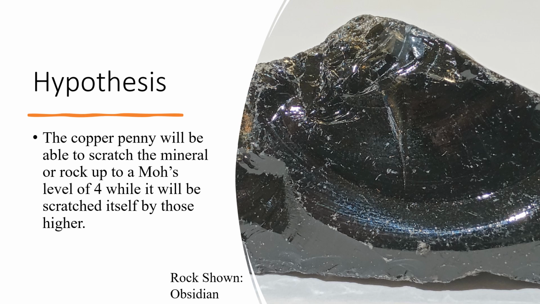So my hypothesis is that the copper penny will be able to scratch the minerals or rocks up to a Mohs level of 4, while it will be scratched itself by those higher. The reason I chose this is because a copper penny has a hardness of 3.5 on the Mohs scale of hardness. The rock shown in this picture is obsidian.